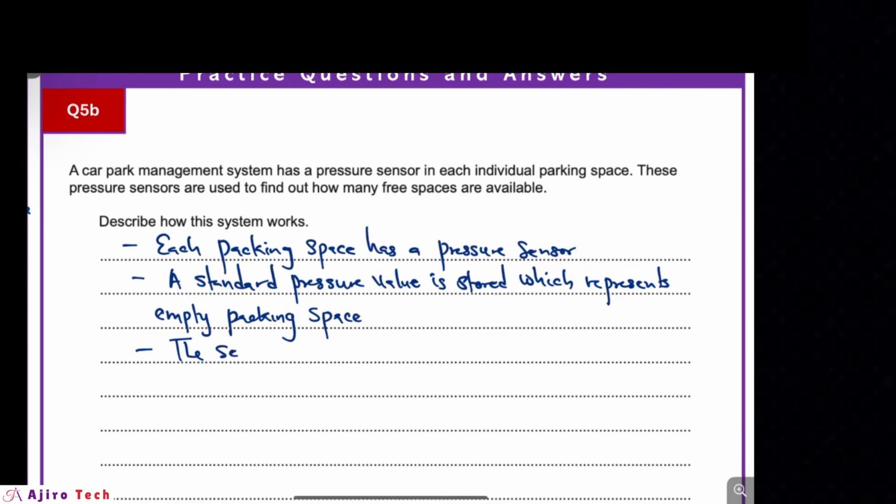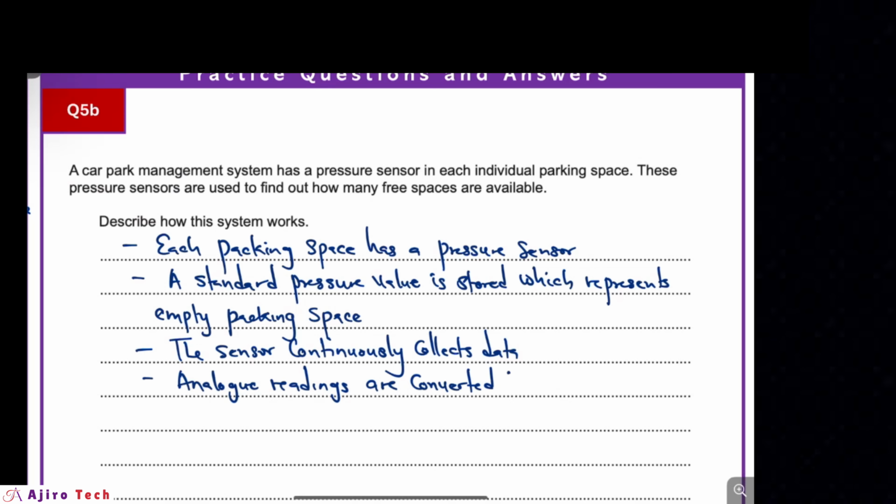The sensor continuously collects data. Analog readings are converted to digital using what?